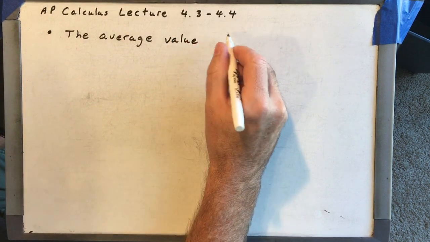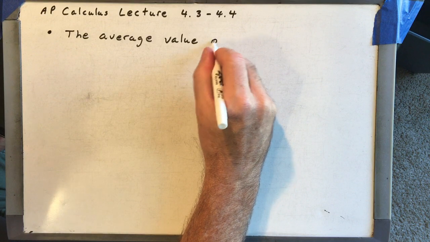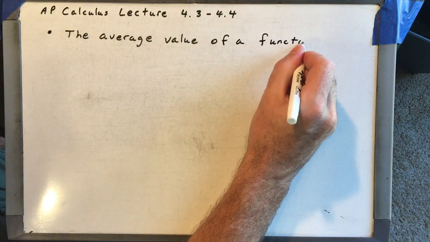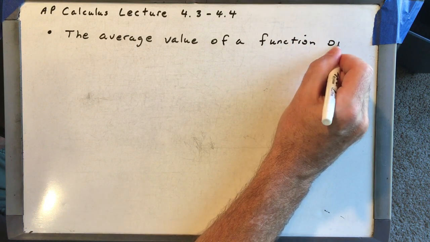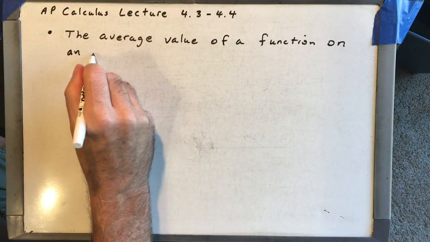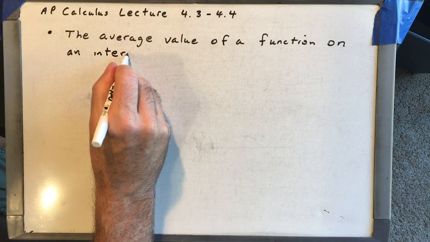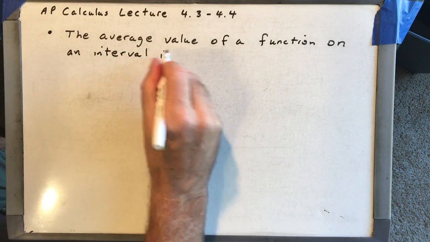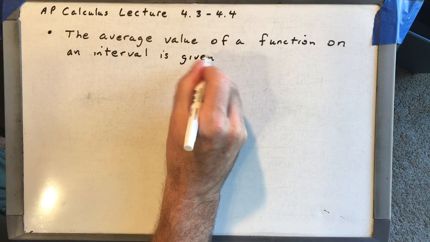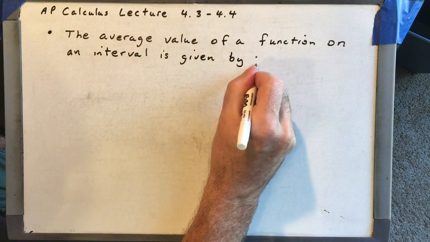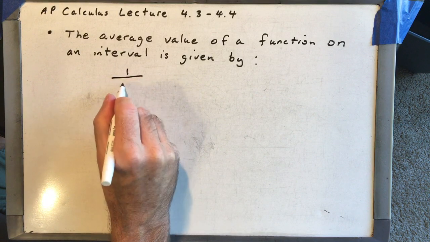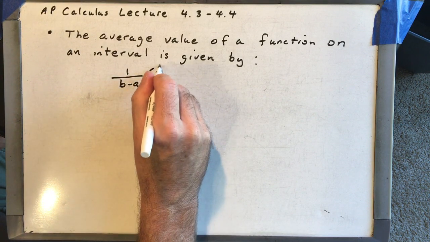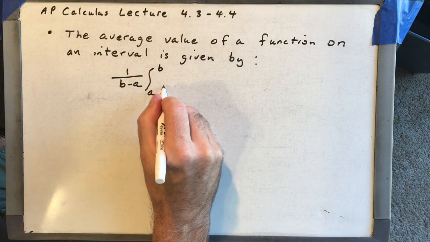So the average value of a function on an interval is given by one over b minus a times the integral from a to b of f of x dx.